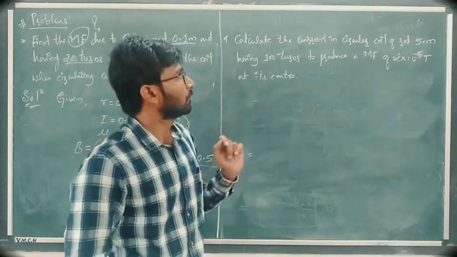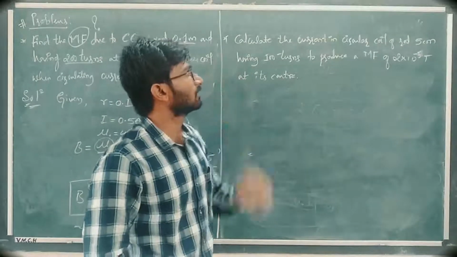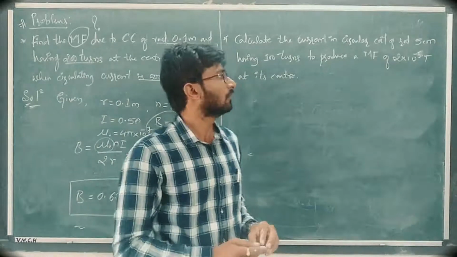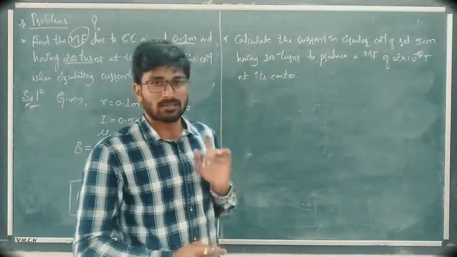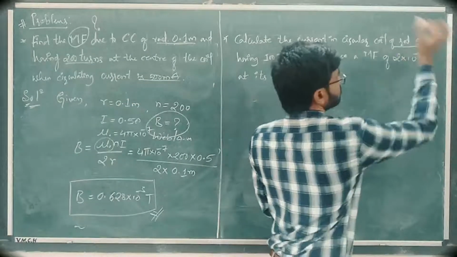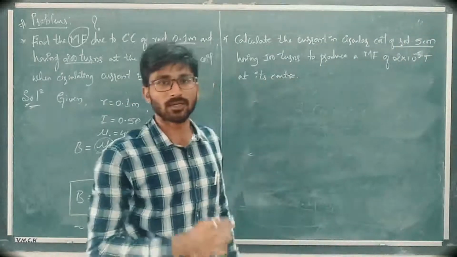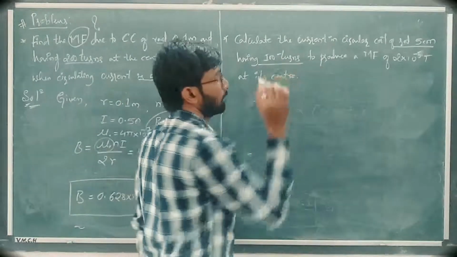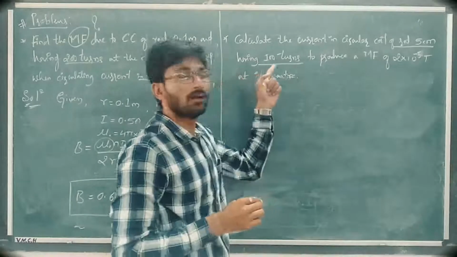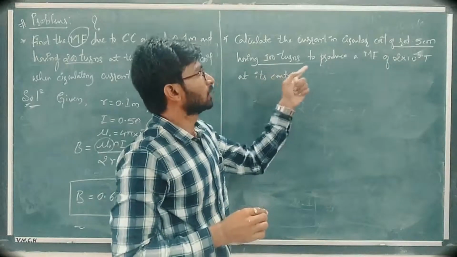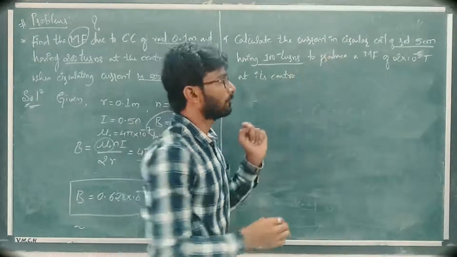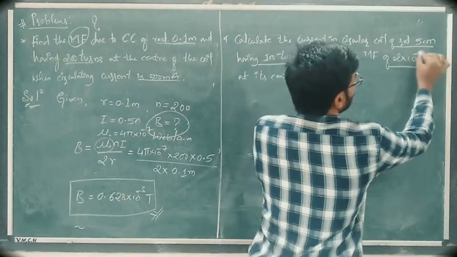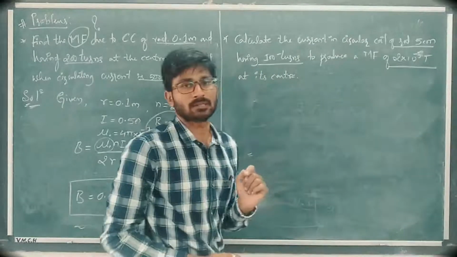In this example, the question is to calculate the current in a circular coil of radius 5 centimeters. The radius is given, and the number of turns is given as 100, to produce a magnetic field of 2 into 10 to the power minus 5 Tesla.